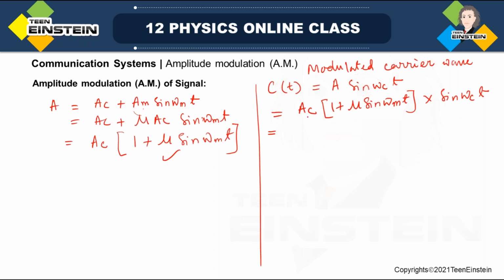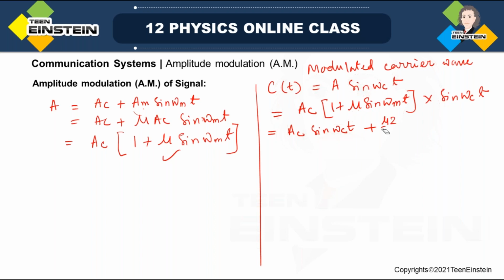Now look, I can just write this as AC sine omega c into t, then this part I'll write here mu by 2.